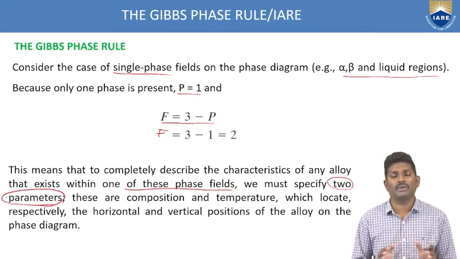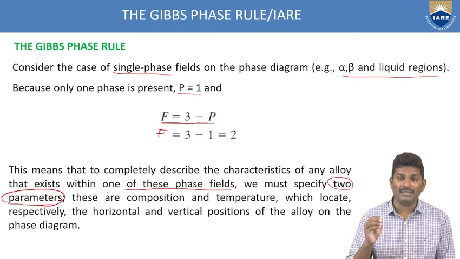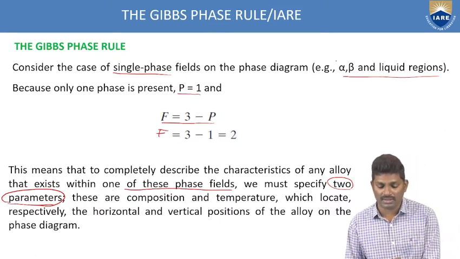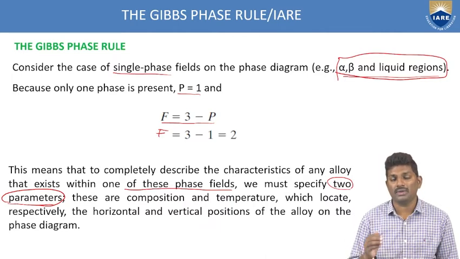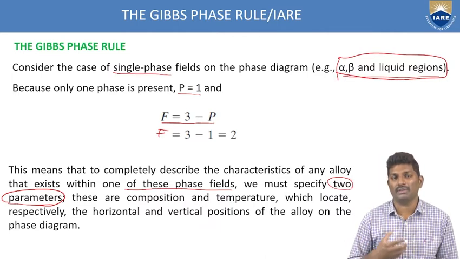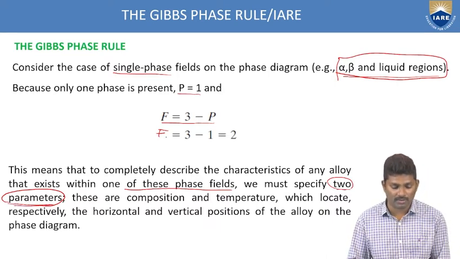So in order to describe the characteristics of any type of alloy within the 3 phases, what are the 3 phases here? I have alpha, beta and liquid regions. In order to identify those characteristics, we need to have 2 parameters.